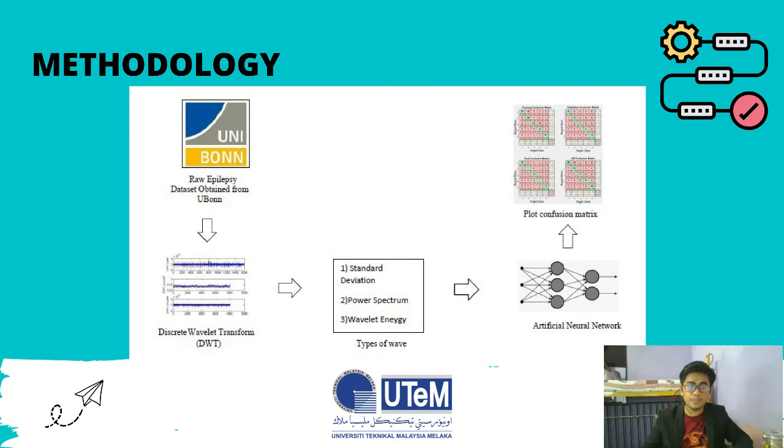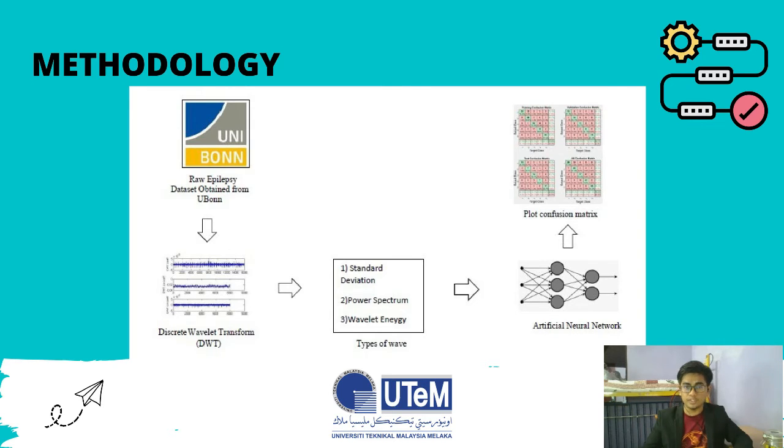Okay, for methodology, from the start, raw data obtained from the University of Bonn is processed in MATLAB. Then the system is processed by using the DWT method. We will attempt to obtain the coefficient outcome using standard deviation because standard deviation provides the greatest categorization based on the literature review.